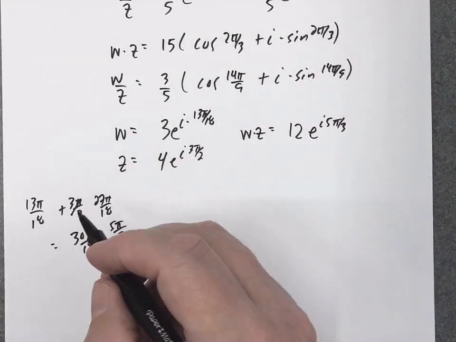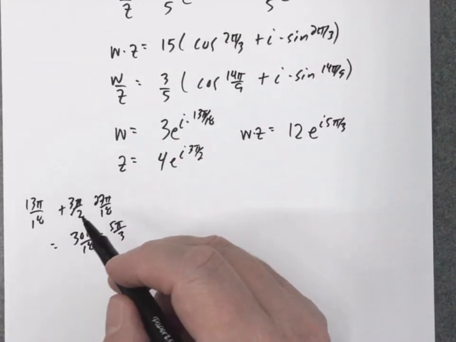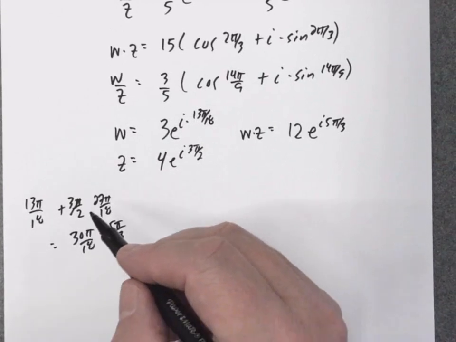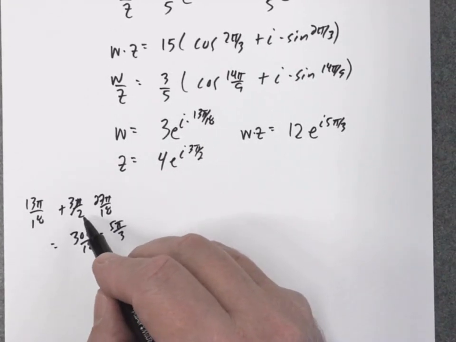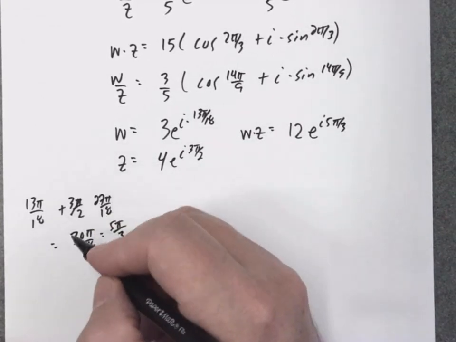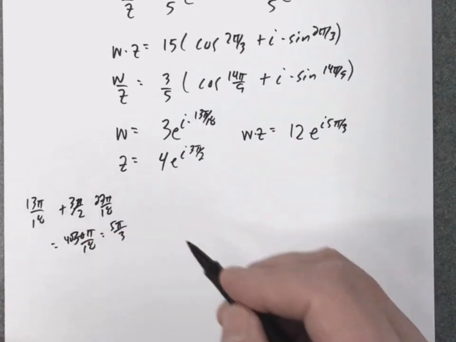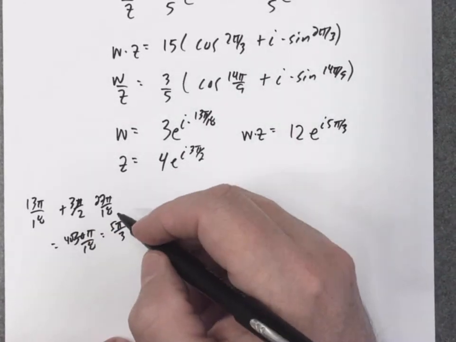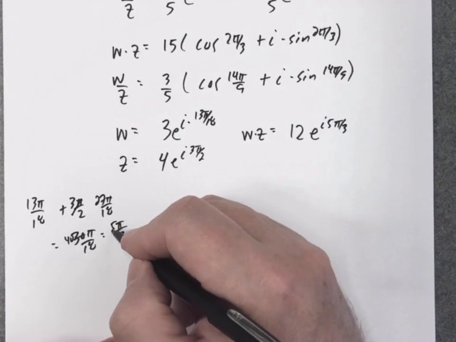Oh, yep. And then 3 pi over 2. So when you multiply this by 9, 27. So that's, oh, see, I can't add. That's 40. Wow. So 40 pi over 18 reduces down to 20 pi over 9.